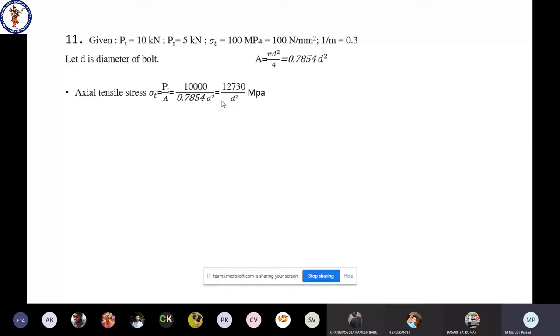Load is given as 10 kilonewton, converted into newton is 10,000 newton, and area which we have calculated is 0.7854 d square. Substitute the values, and by simplifying that, we are getting the axial tensile stress as 12,730 by d square megapascal.